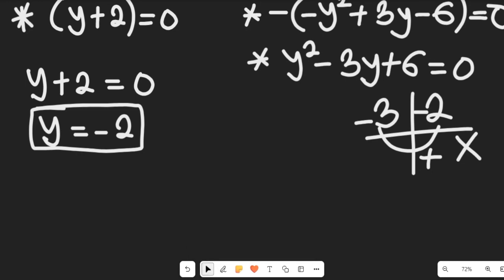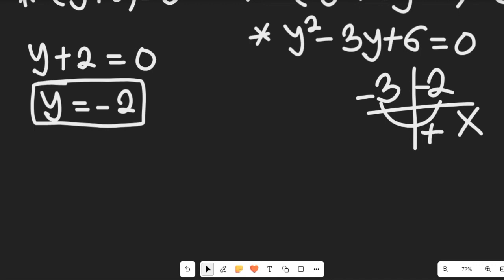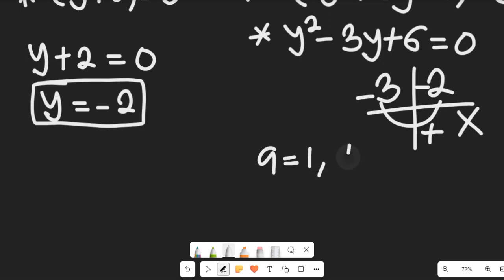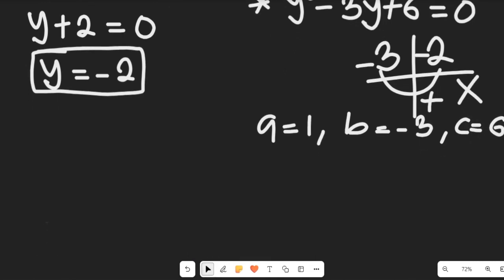The best way to find out is to look for the discriminant. From that expression, you see that your a is equal to 1, your b is equal to negative 3, and our c is equal to 6. So we're going to look for the discriminant of that quadratic expression.